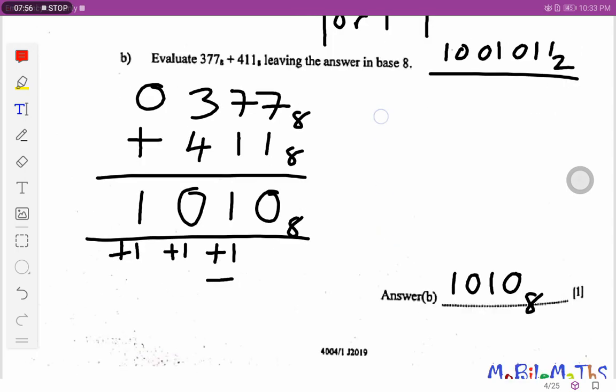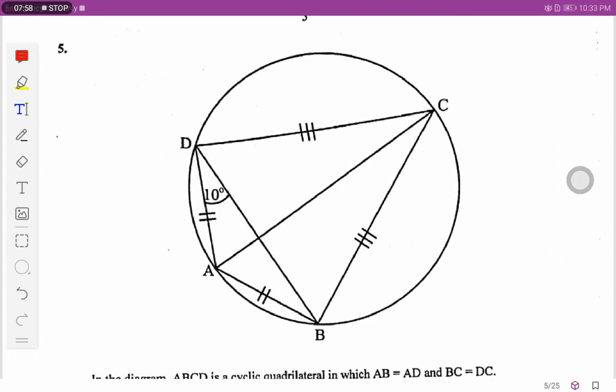Okay, let's move on. This question now, basically this is a kite here. I'm sure they can ask us a question here. When we have a question like this, it is the same chord, and also they are similar. So this also is 10 degrees there.